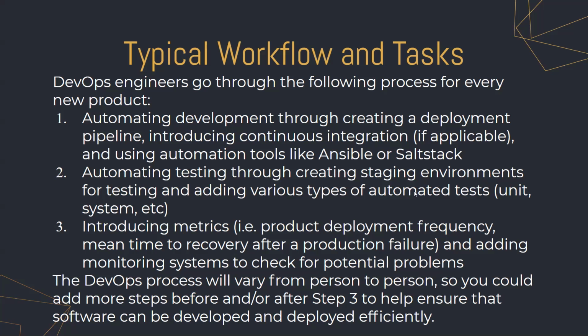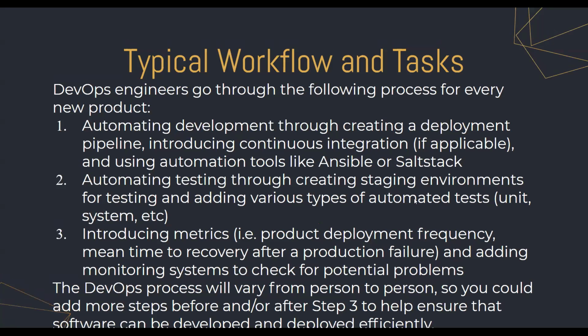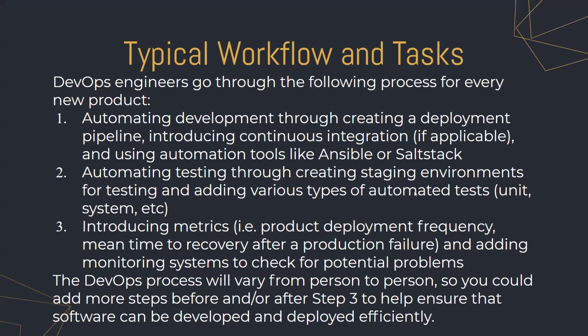And after that, they will probably go for introducing metrics like product deployment frequency, how much time it takes for a product to deploy from start to finish, and the mean time to recovery after production failure. So for example, they might experience a bunch of merge conflicts, and this would measure how much time the team would take after that before getting ready for deployment.